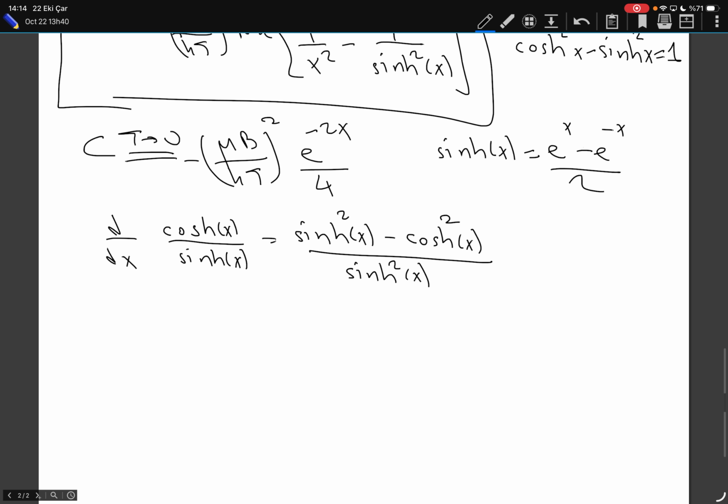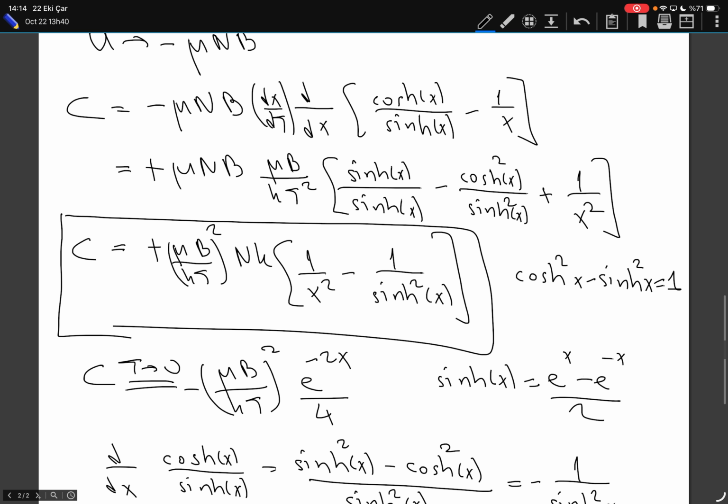It should be minus 1 over sine hyperbolic, not 1 over. Which is minus 1 over sine hyperbolic squared x, which is this minus sign.